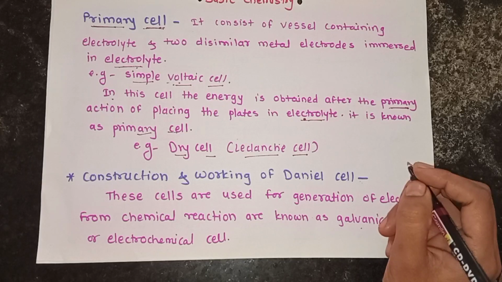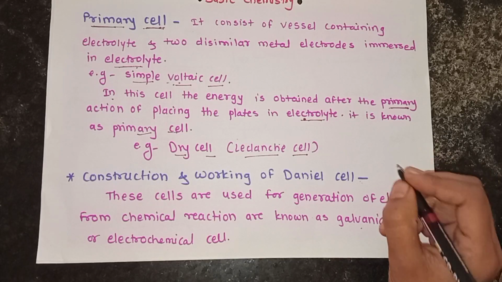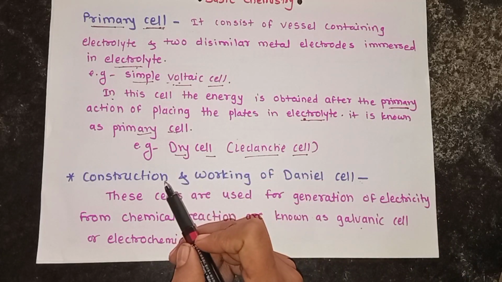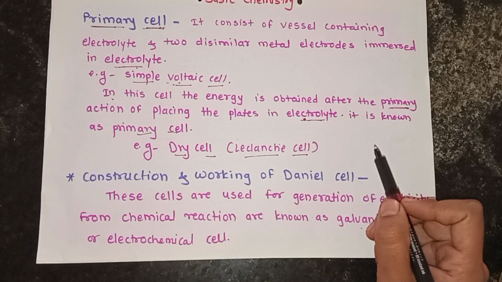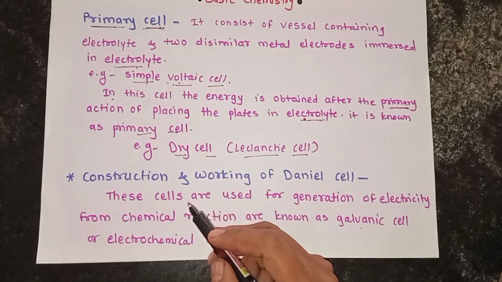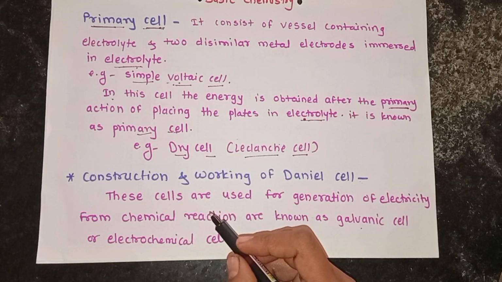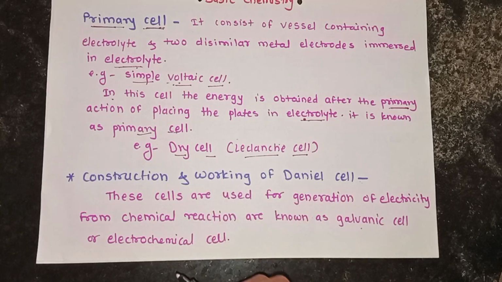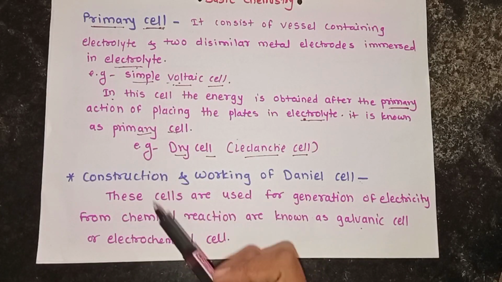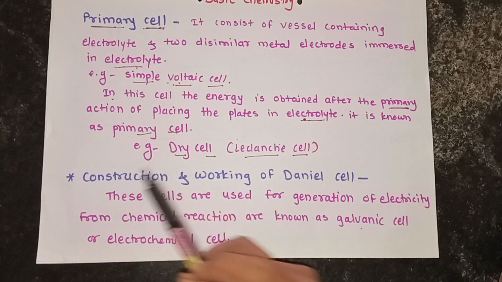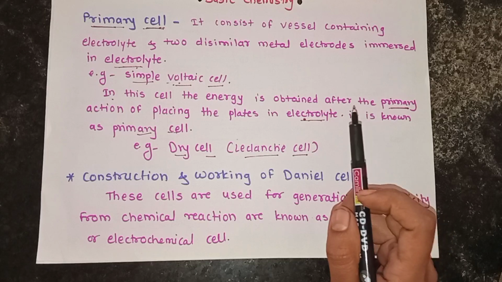In electrochemical cells, chemical energy is converted into electrical energy, or electrical energy is converted into chemical energy. In the primary cell, chemical energy is converted into electrical energy.